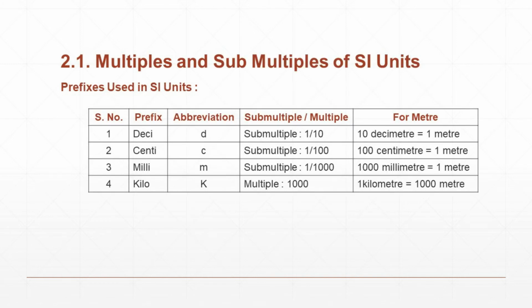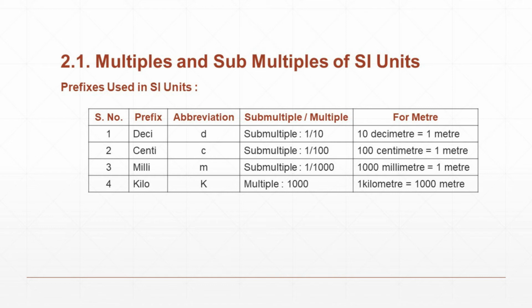Now let us know the multiples and submultiples of SI units. Prefixes used in SI units. Prefix means a group of letters that is added to the beginning of a word. For example, meter is there, before that we write centi.